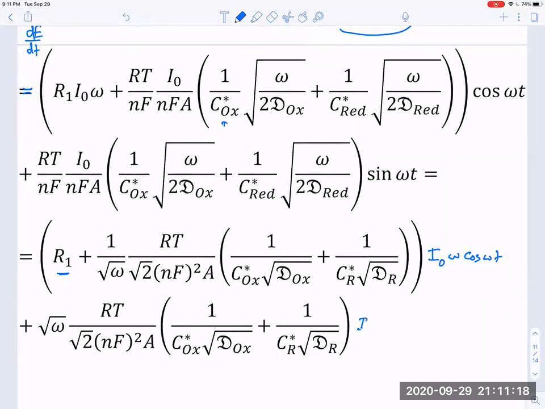And then on here, we have I0 sine omega t. And just as a reminder, all this is equal to this dE dt.